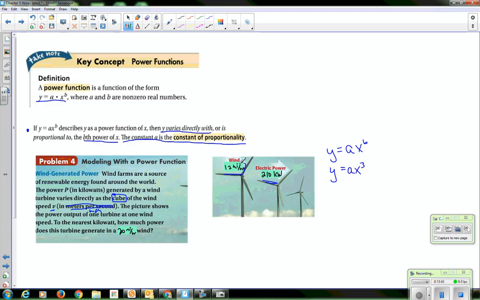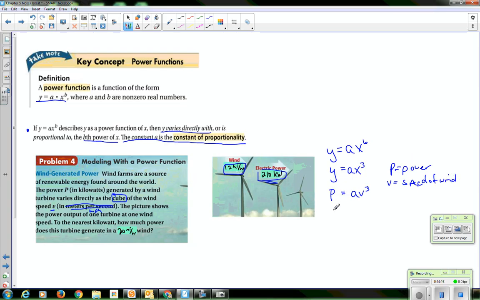We're going to use this information, the speed and the power. So I'm going to actually go P equals aV cubed, where P is power and V is the speed of the wind. Might as well use variables that make sense to the problem.